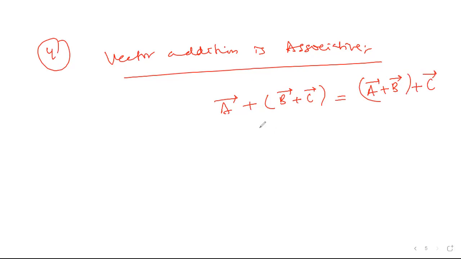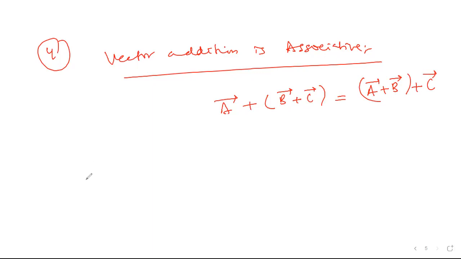Left hand side operation wise is different, right hand side is different. In left hand side, I am adding first B with C, then the result I am adding with A. In the right hand side, I am first adding A with B, then the result I am adding with C. But I am going to get the same vector.